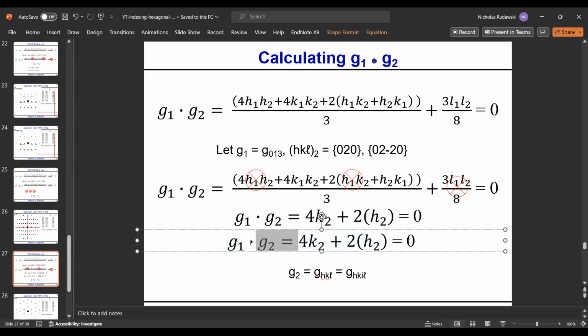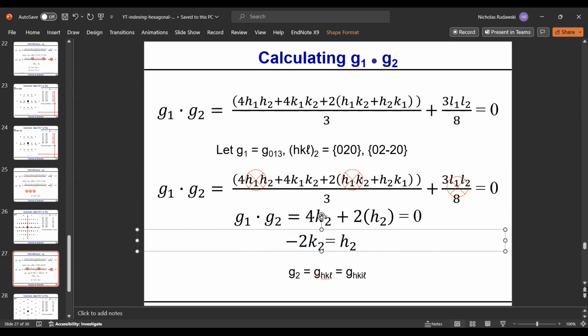Okay, so what do we end up with? We end up with something very similar to what we've already seen, which is that we have minus 2K2 equals H2.